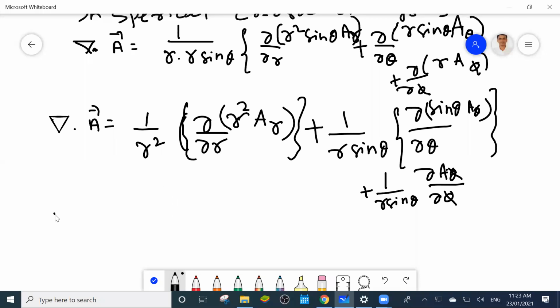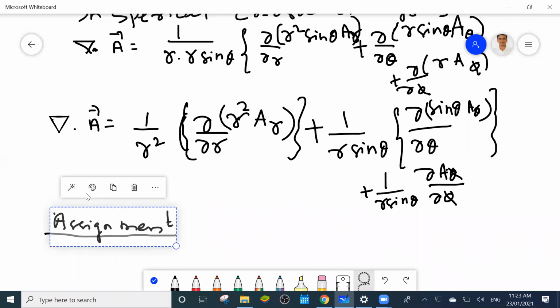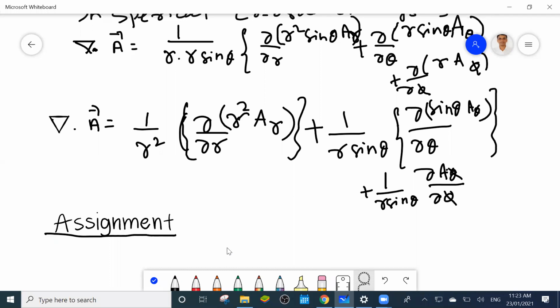From that soft copy you can prepare, or as per the textbook available with you. So this assignment is how to find out the divergence of a vector.